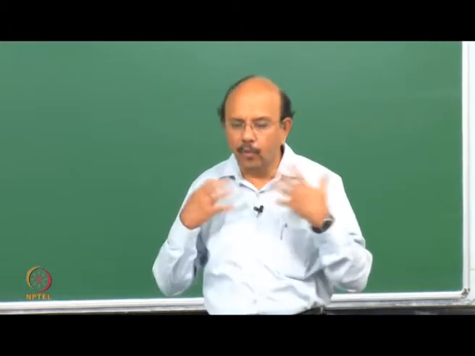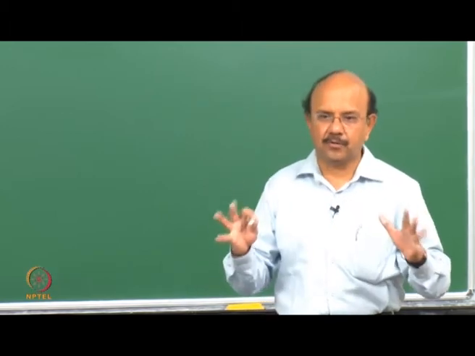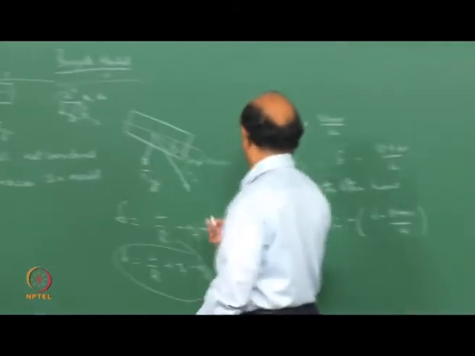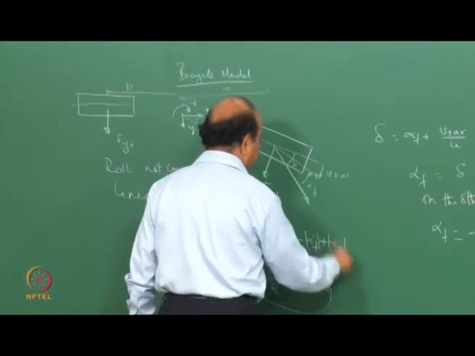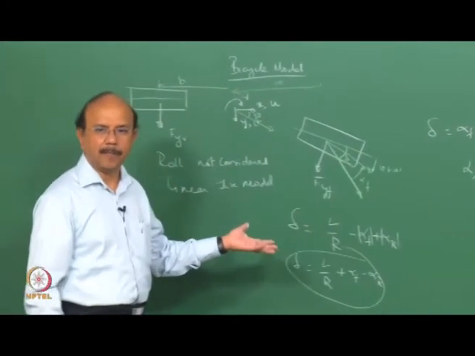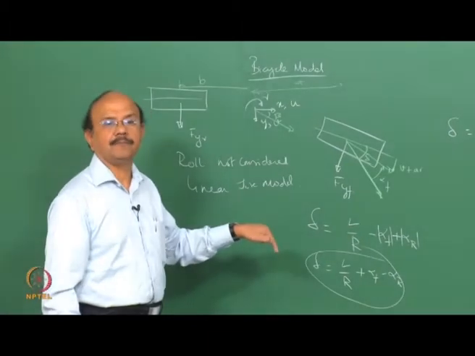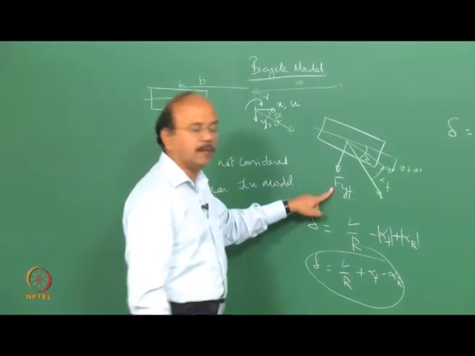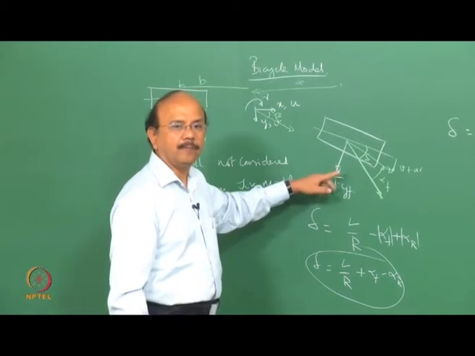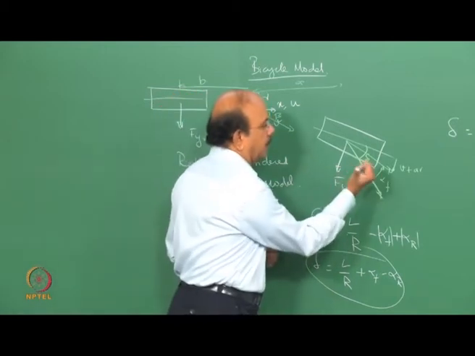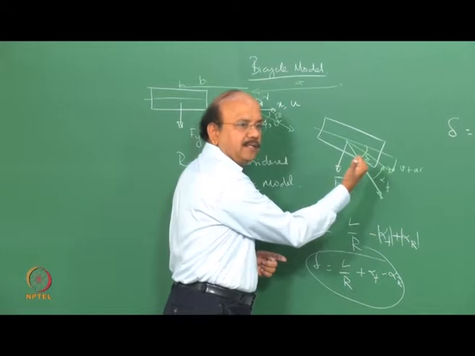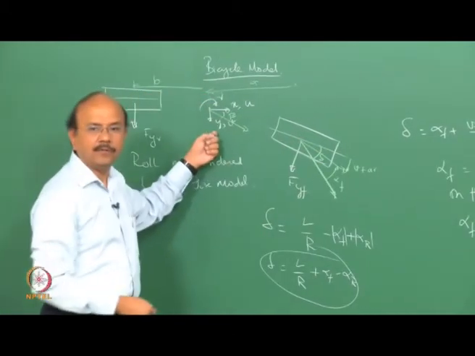Or, if you know intuitively, follow only the values. In other words, you can write this as just this value. In the same fashion, if I see the force Fyf, alpha f is in this direction, minus, and Fyf is positive.